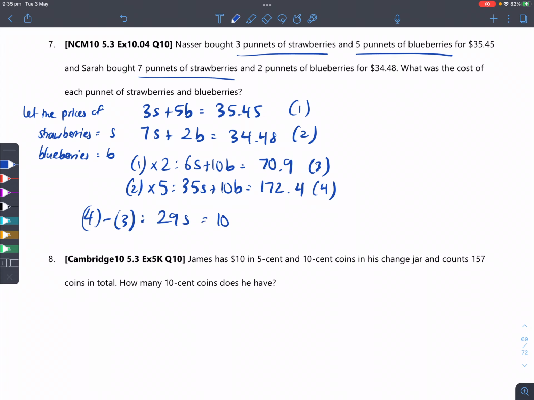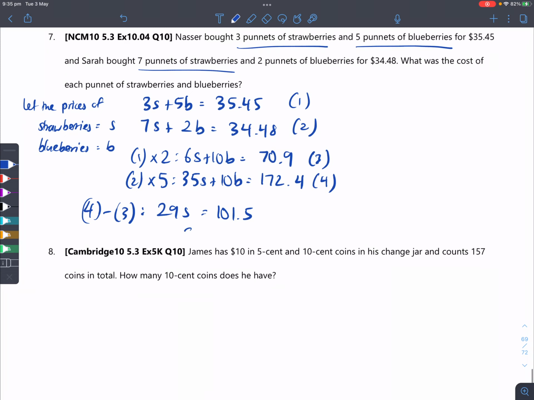So once you divide both sides by 29, you find S, and that will give you 3.5. Okay. So that's the price of a punnet of strawberries.